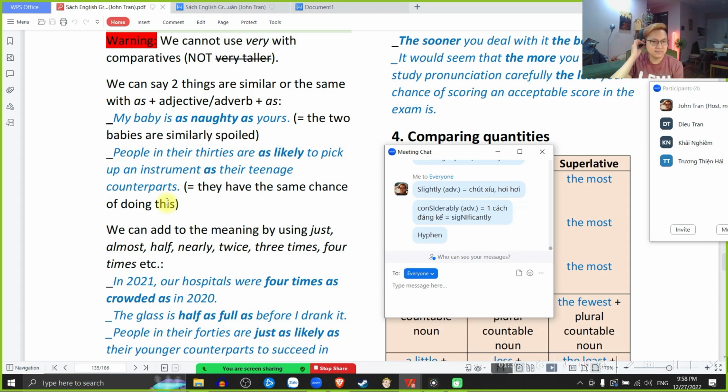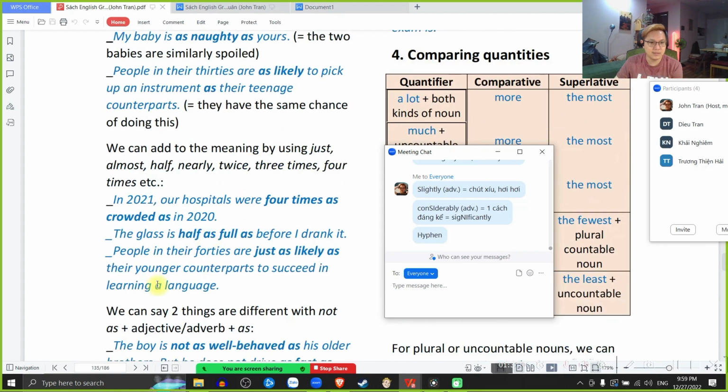We can add to the meaning by using just, almost, half, nearly, twice, 3 times, 4 times, etc. In 2021, our hospitals were 4 times as crowded as in 2020.